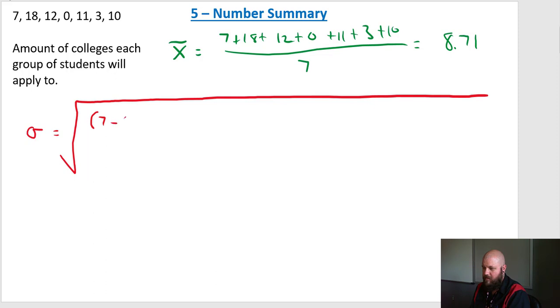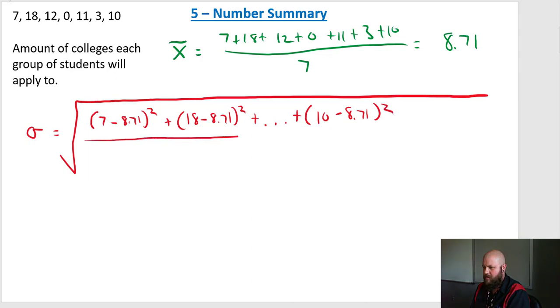we're going to simply take this and say we got 7 minus 8.71 squared plus 18 minus 8.71 squared plus, and then you can just do a plus sign and do a dot, dot, dot, plus, and let's do that last figure. So let's go with 10 minus 8.71 squared.